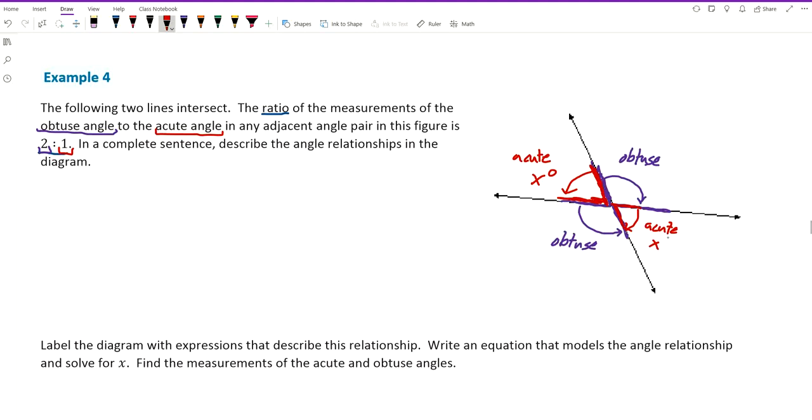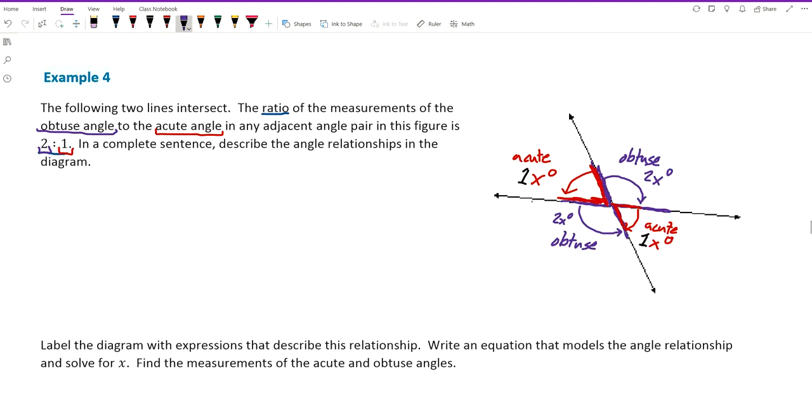That means over here this is x degrees. And remember, there's an invisible 1 in front of that x. And the ratio 2 to 1 tells us, okay, 1x is the measure of the acute angle. So the obtuse angle must be 2x degrees based on the ratio they give us.